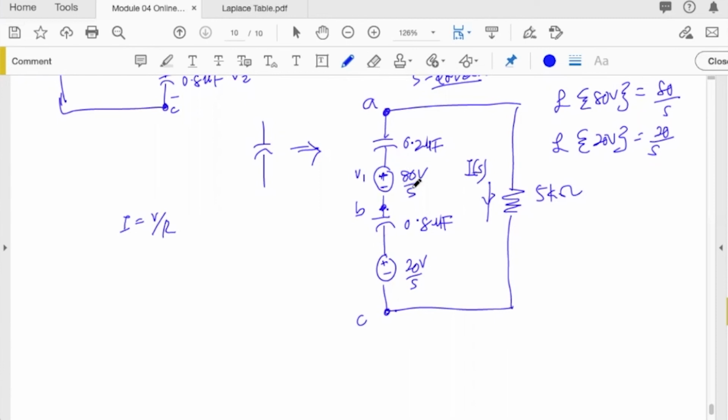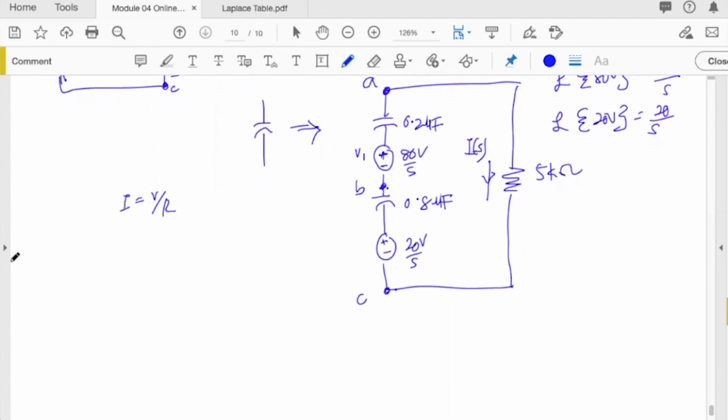So the resistor in here, you can treat your capacitor as a load or as a resistance. So this whole equation will become I equals voltage. Your voltage is 80 volts divided by S plus 20 divided by S. So that is your voltage.